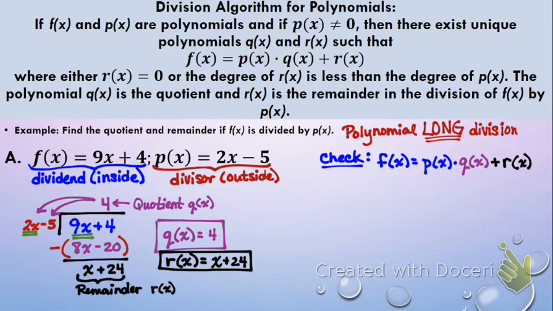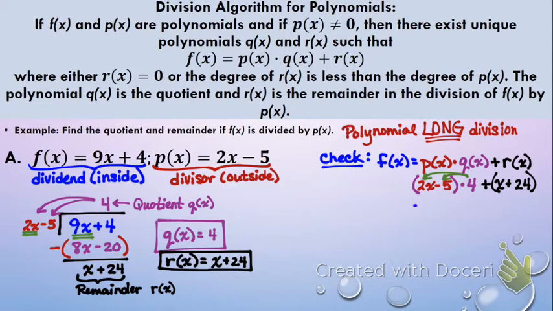So my divisor was 2x minus 5. I'm actually going to change that and write that in red. What was our function q of x? 4. So I'm going to take that whole thing and multiply it by 4. And then we would add our function r of x, x plus 24. So then I would distribute the 4.